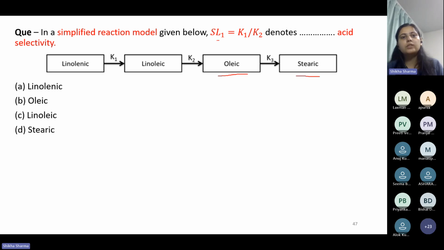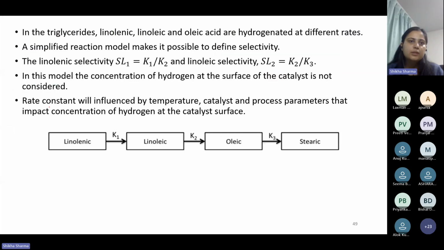And this is SL, which is selectivity. SL1 equals K1 by K2 is given. It asks which acid's selectivity this is. Option A, linolenic, right? Yes, ma'am. Everyone is on the same page, right?